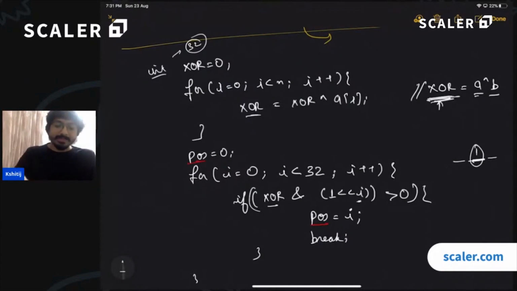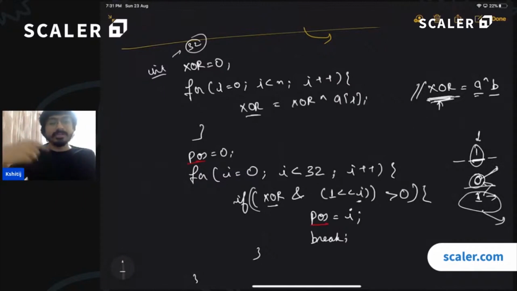Now, at this position where the XOR has a set bit, one of the numbers is definitely going to have a 0, the other number will definitely have 1. They cannot have the same value, right? So now partition the whole array with respect to this position. This number which has a 1 here will go to one side. This number which has 0 will go to the other side.